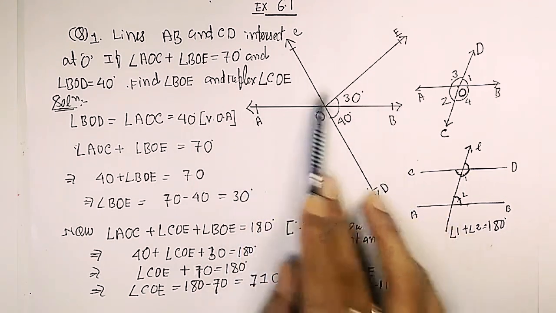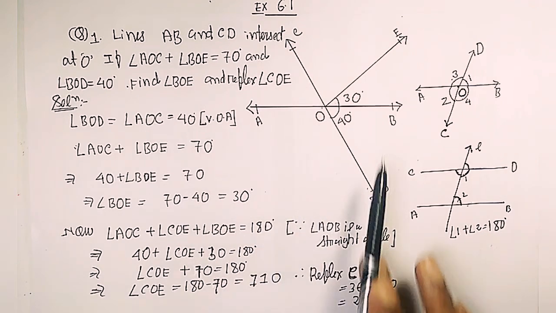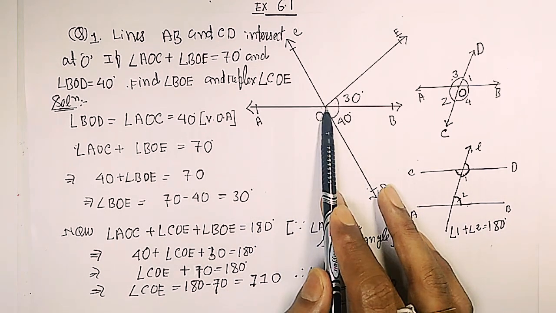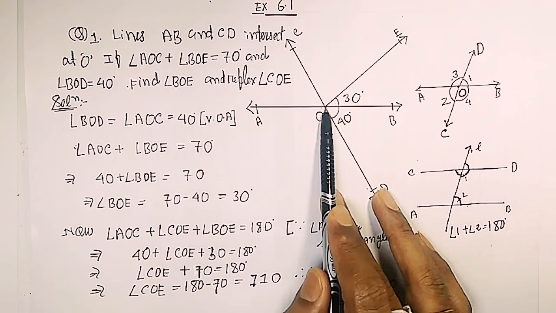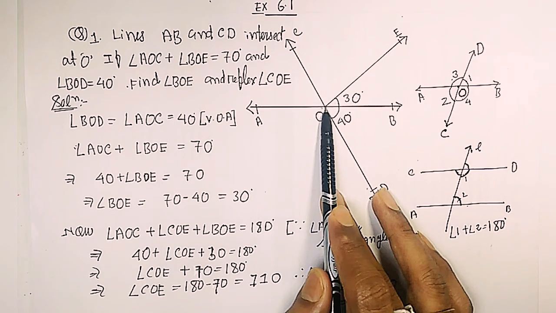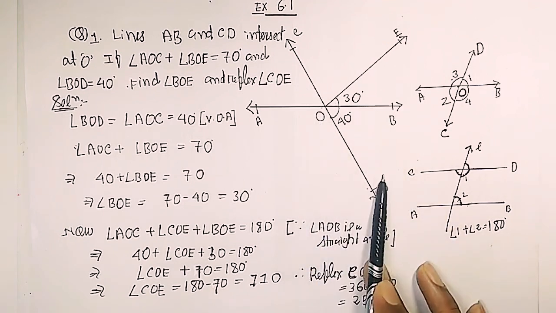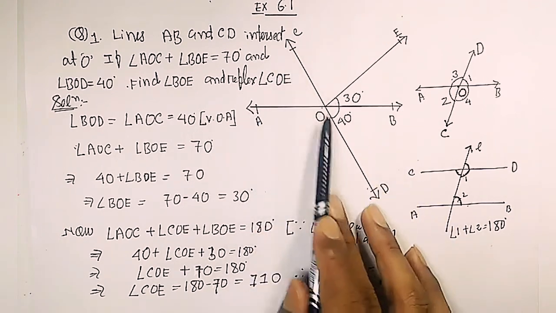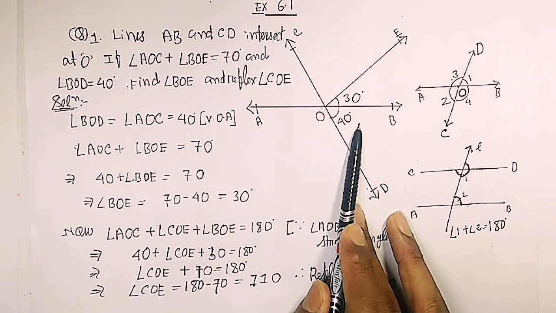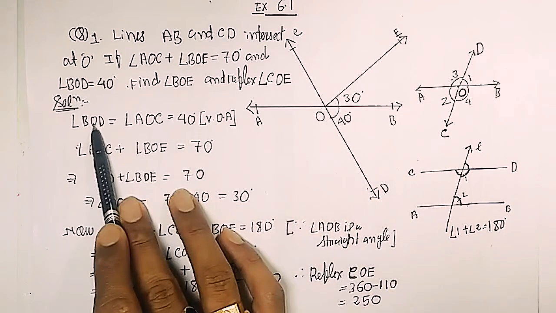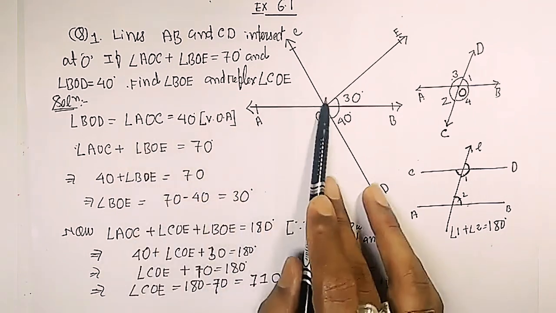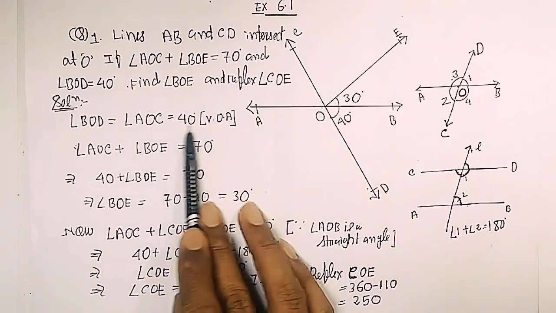Because AB and CD, both lines, intersect at point O. When two line segments intersect at point O, we get vertically opposite angles. So BOD and AOC are a pair of vertically opposite angles, and vertically opposite angles are equal in measure. Since BOD is 40 degrees, it means AOC is also 40 degrees.